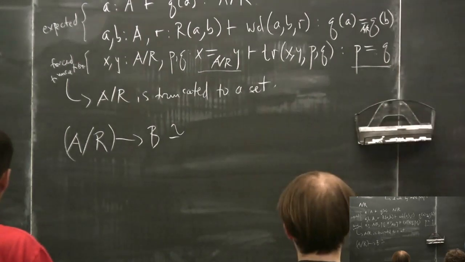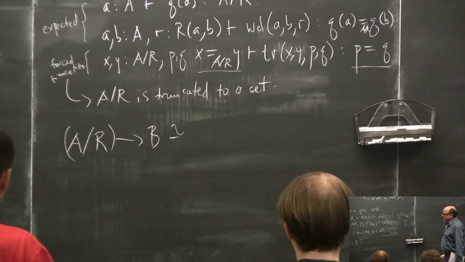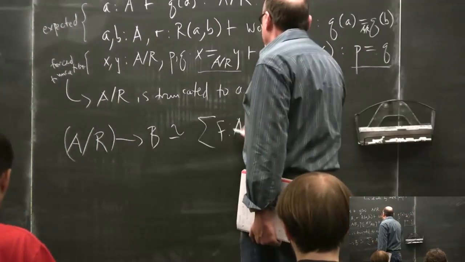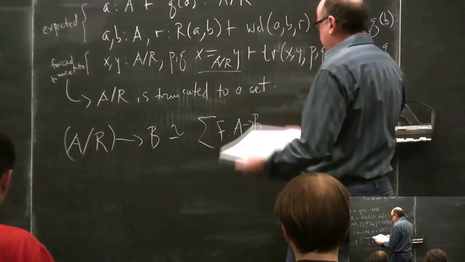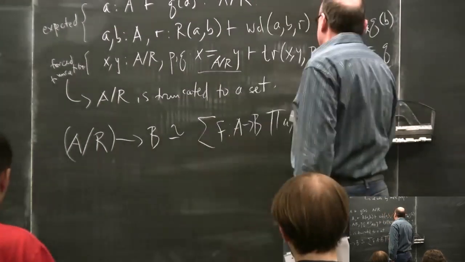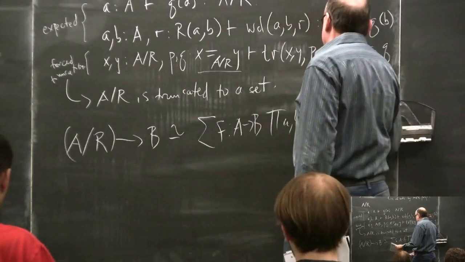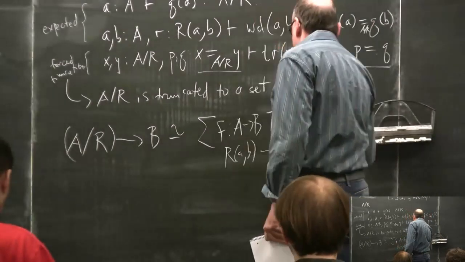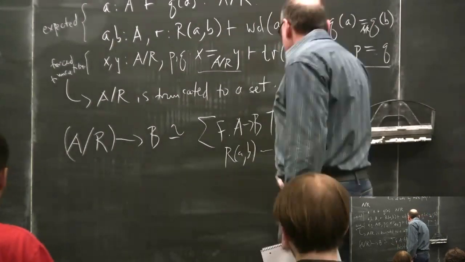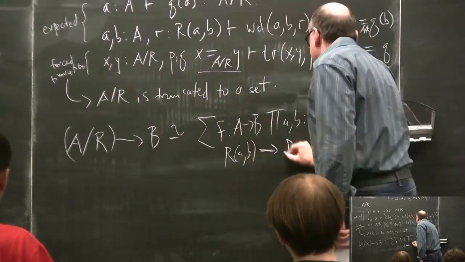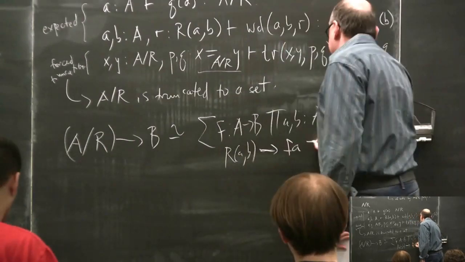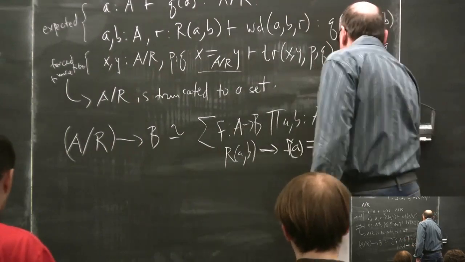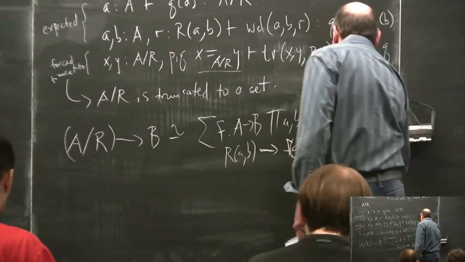The maps from A mod R to B are going to be the maps from A to B that respect R. Okay, right? That's what you would think. So we say for every A, B, and A, if A and B are related, then F of A has to be equal to, in the appropriate type, F of B. And this would be B in this case, right?